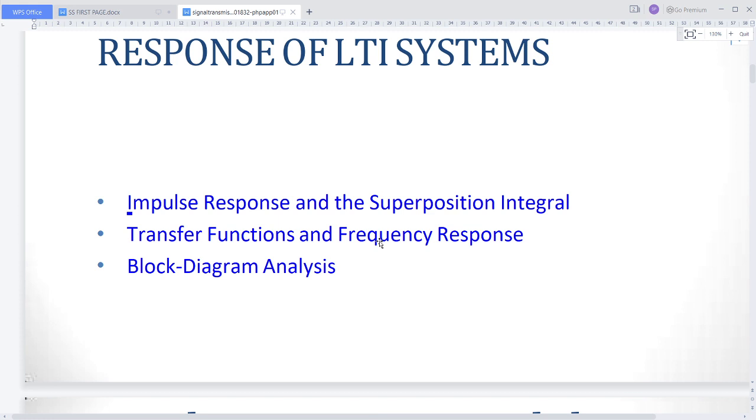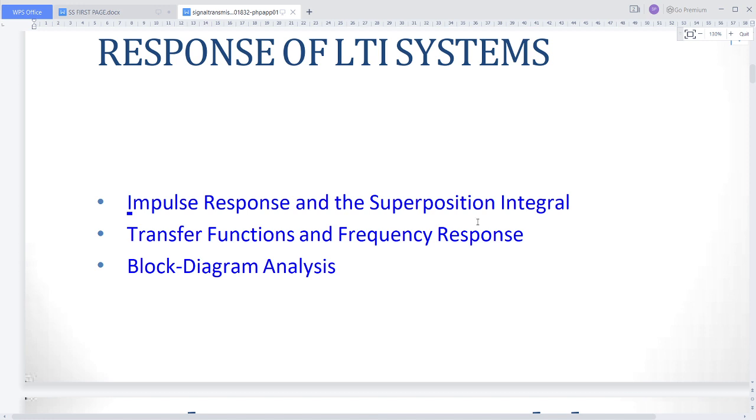As I said just now, a system which is both linear and time invariant is called the LTI system. Time invariant means that if we give a time shift in the input signal, and the same time shift is followed in the output also, then that system is named a time invariant system.